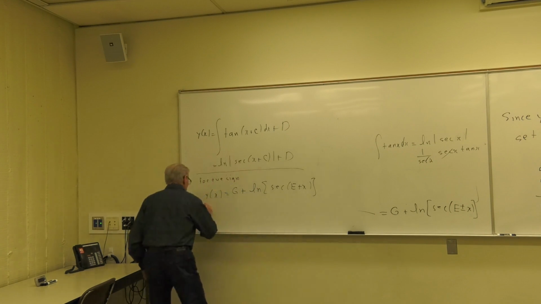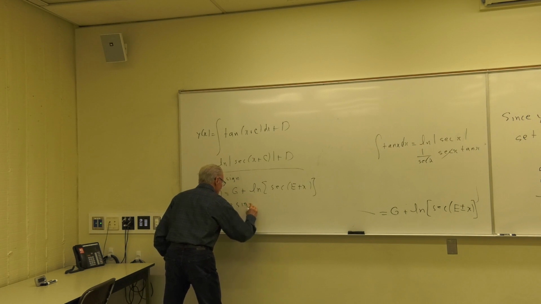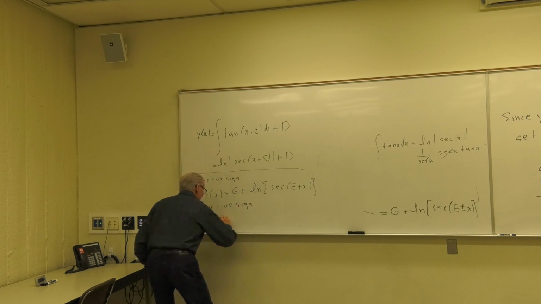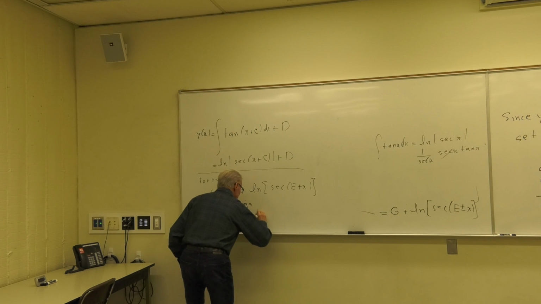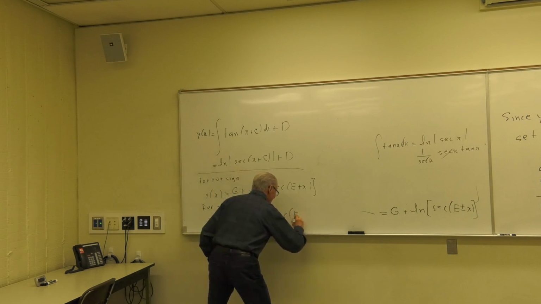What about the negative? We have y of x is equal to g plus the logarithm of the secant of e minus x.